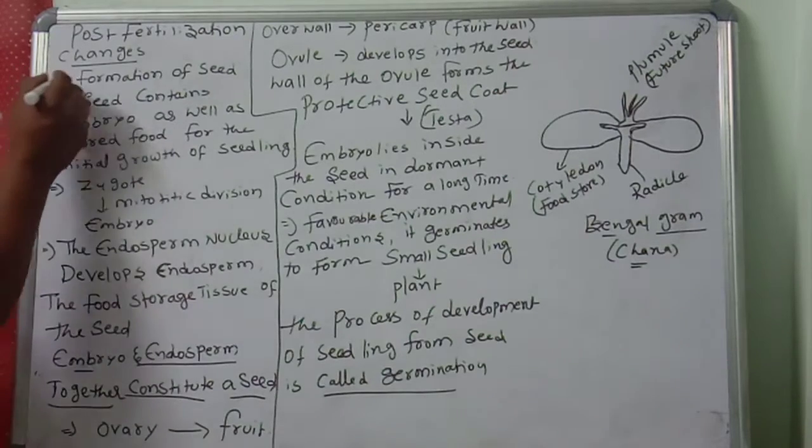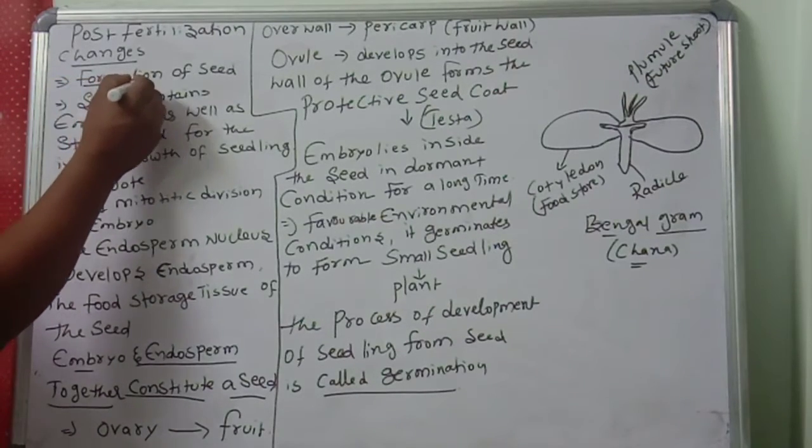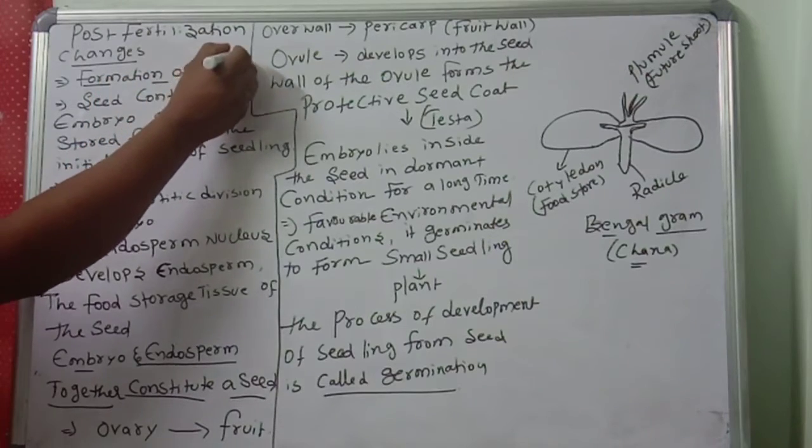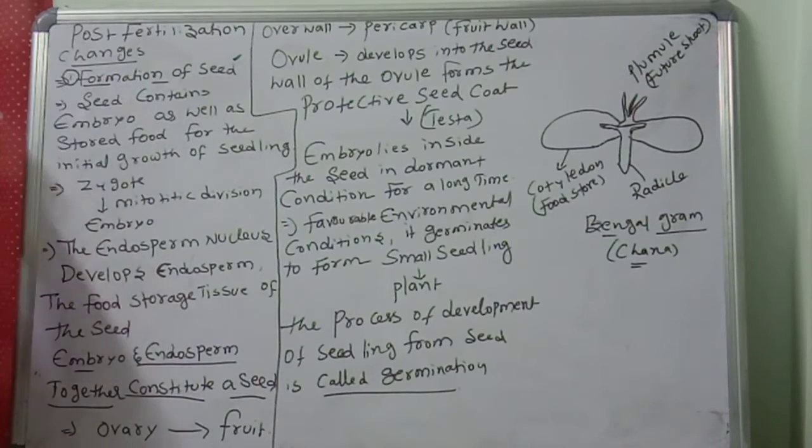So post fertilization, the first one is formation of the seed. You know very well, seed is the product of reproduction. After reproduction, what will be formed? Seed will be formed.